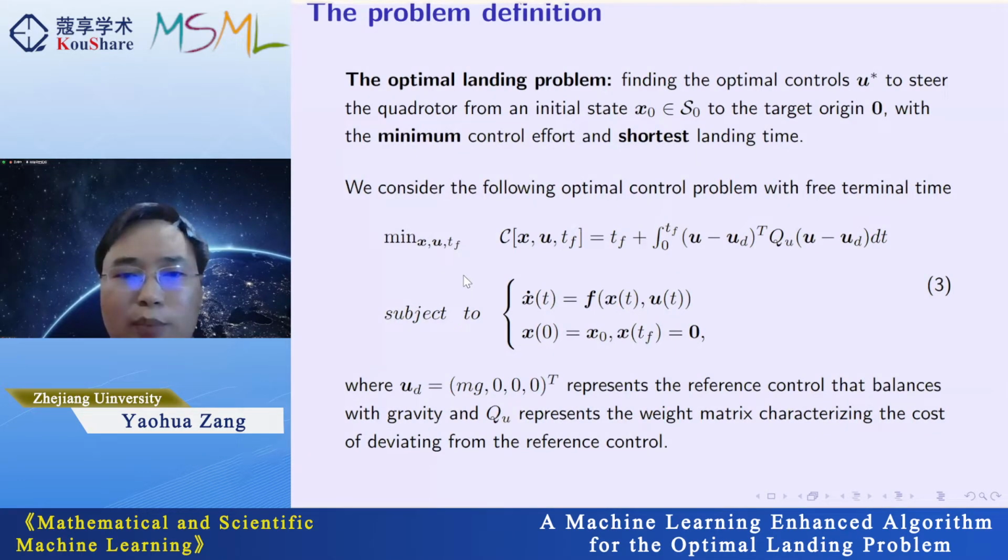The first part indicates the landing time, and the second part is the accumulation of the weighted deviation between the control u and the reference control ud. The reference control ud has this form, used to balance the gravity, and the weighted matrix capital U is used to characterize the cost of the deviation from the reference control.